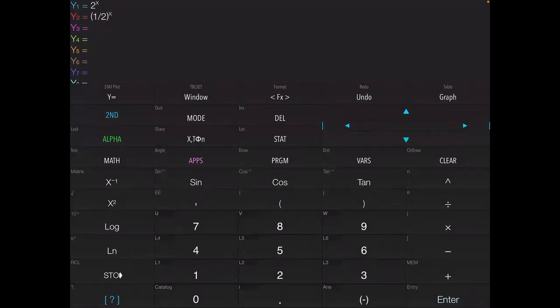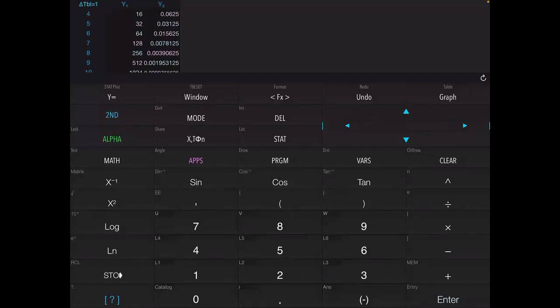If we're going to set up tables for these two functions, we set up a table on these calculators. We go to second graph. I have to change this first column, the inputs. And then let's plug in the same numbers that we used in our example: -3, -2, -1, 0, 1, 2, 3, and close with the curly brace.